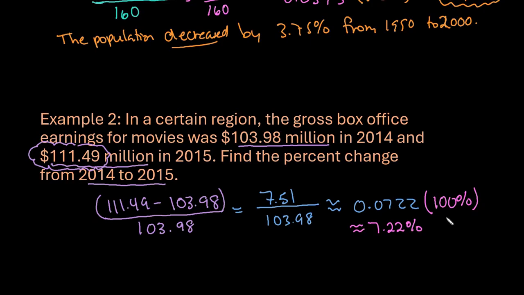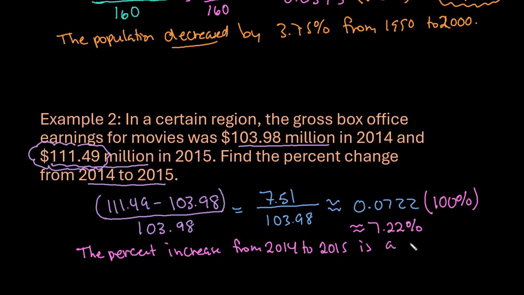So this time, since it is positive, we can say that the percent increase from 2014 to 2015 is about 7.22%.